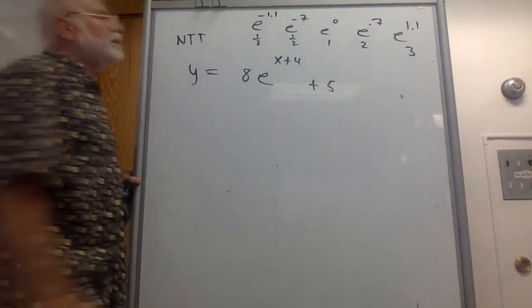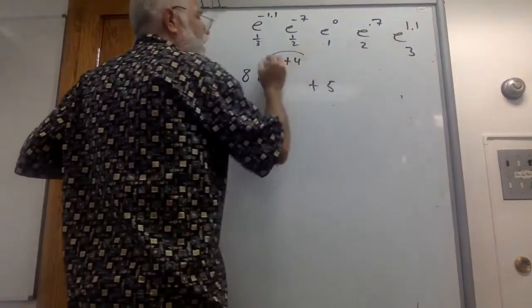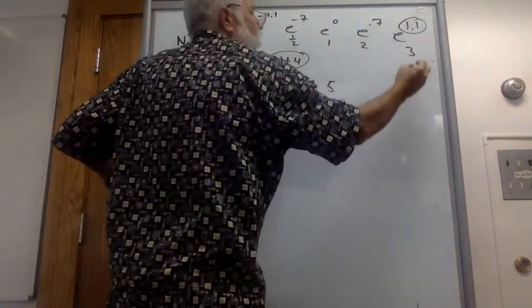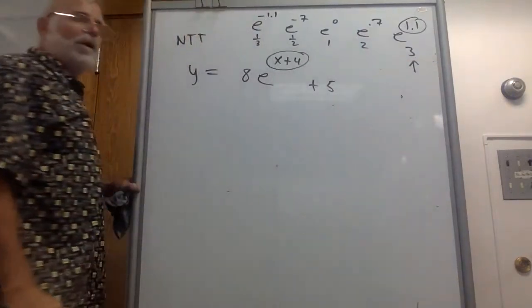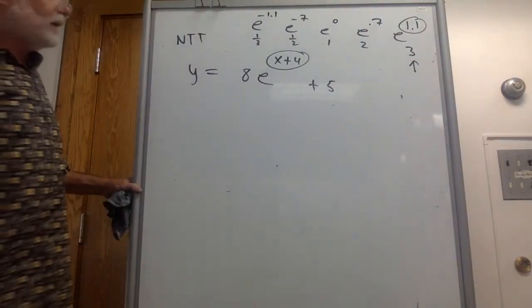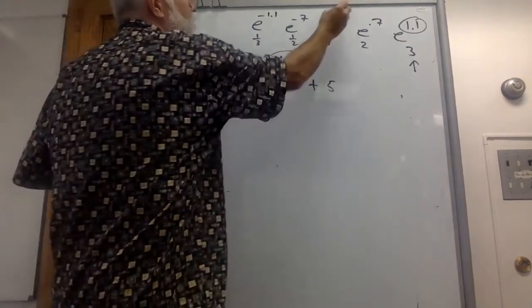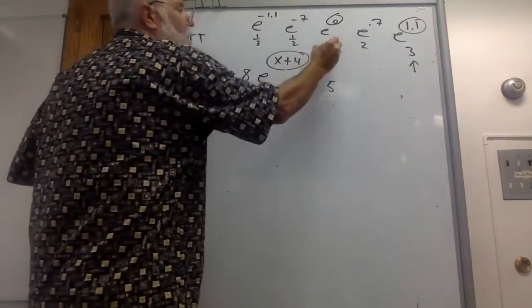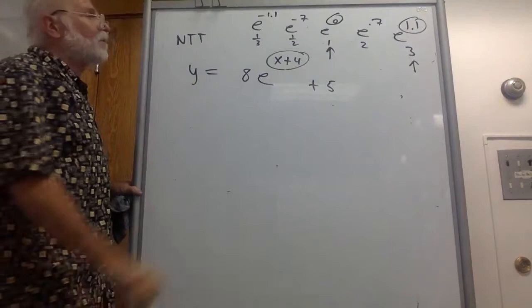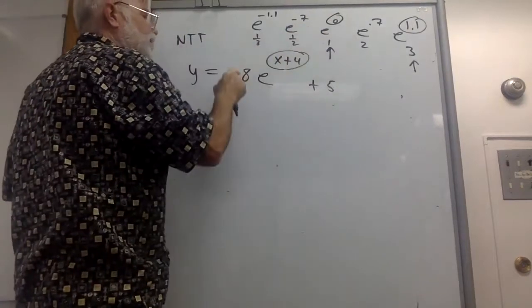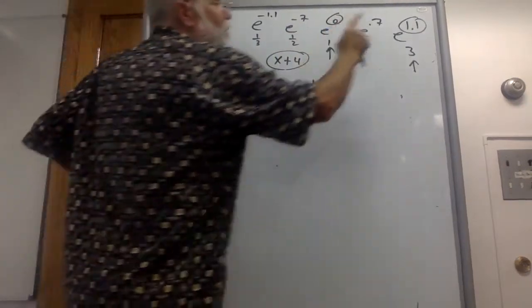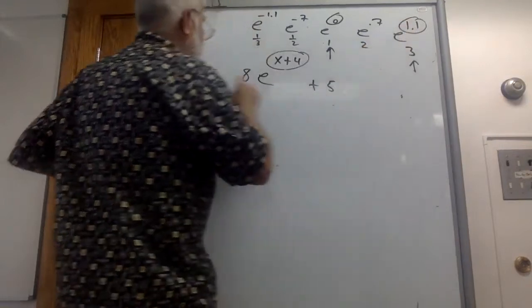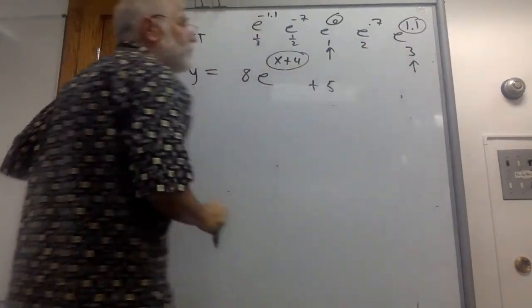What I'm suggesting is that if we make this exponent this number, we know what number we're creating. And if we make this exponent that number, we know what we're creating. So when we make it that number, we're multiplying the first number by 1. When we make the exponent that number, we're multiplying the first number by 3.